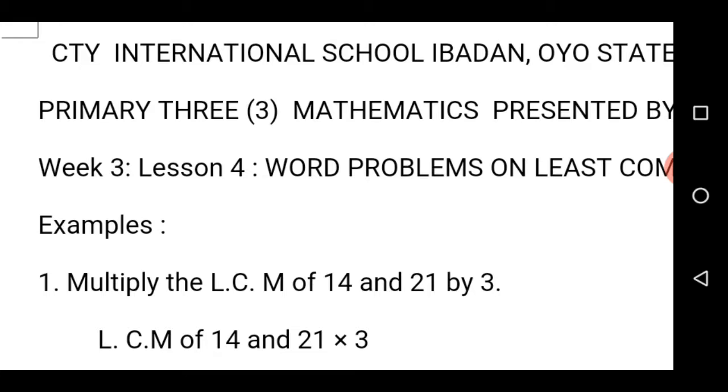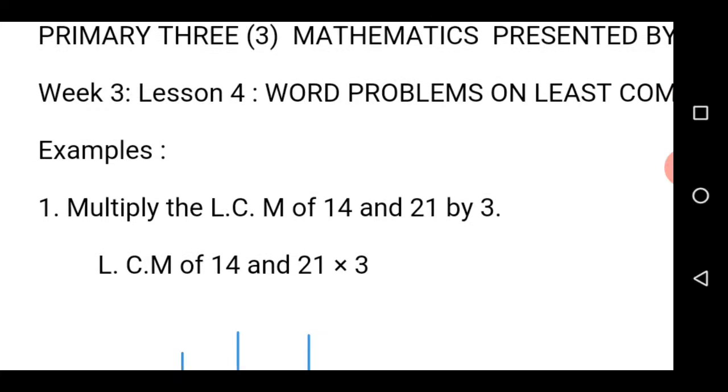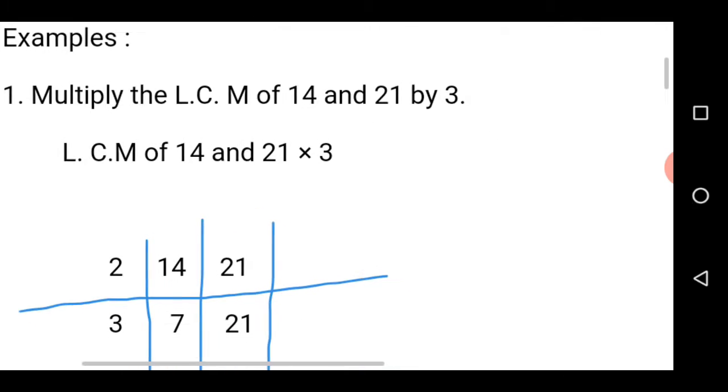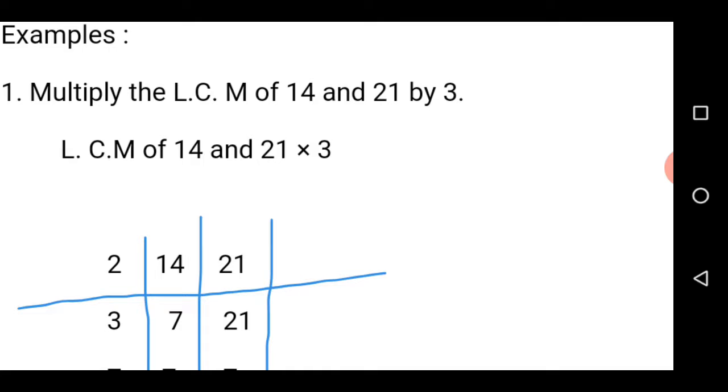Let us start with the examples. The first question that is given to you is this: multiply the LCM of 14 and 21 by 3. When you want to do this kind of question, you will underline that multiply and you will underline that 3 as well.